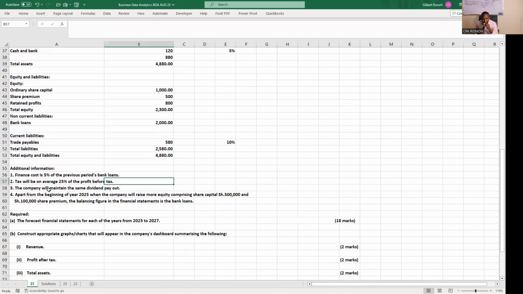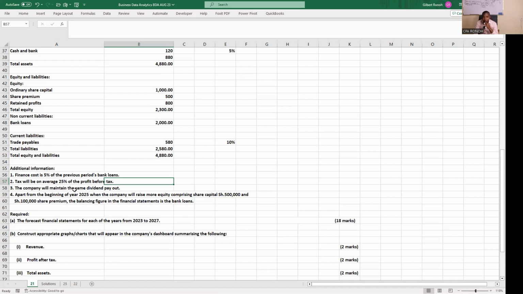Number 3, the company will maintain the same dividend payout ratio. And number 4, apart from the beginning of 2025, when the company will raise more equity comprising 500,000 shares and 100,000 shares per annum, the balancing figure in the financial statements is the bank loan.